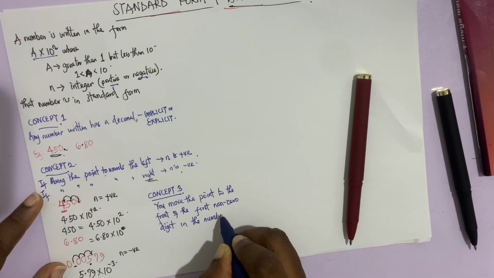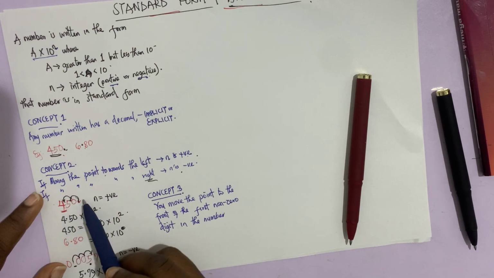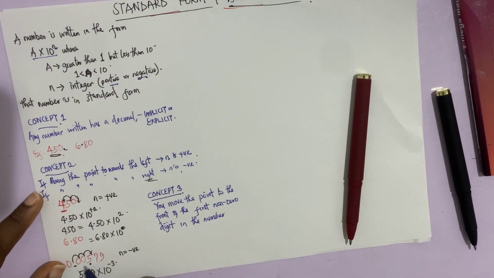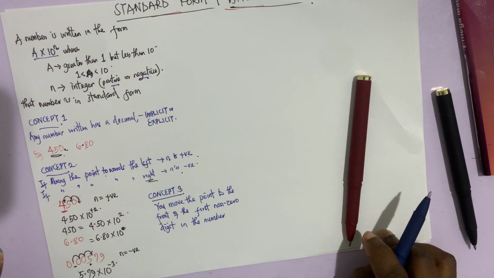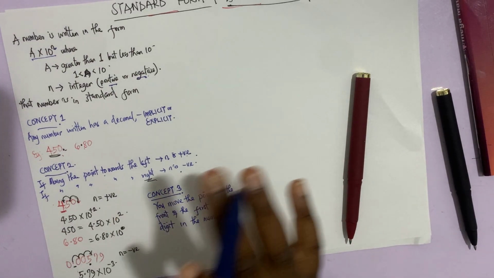And you see that that was what we did here. The first digit here is 4. So we moved this decimal point to 4. The first non-zero digit here is 5. So we move the point to the front of 5. And so that is the whole idea of working in standard form.